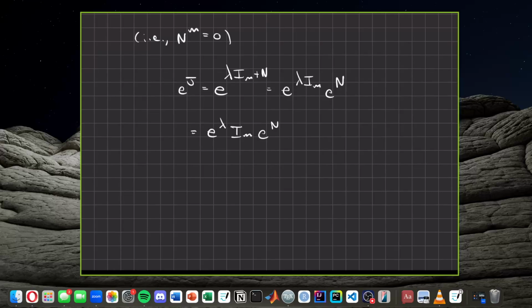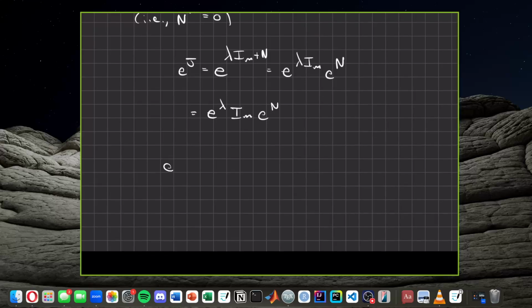Now, we want to notice that e to the n is given by a finite sum in this case. As we showed the infinite sum earlier with the Taylor series expansion, we want to remember that n is nilpotent, so we'll express e to the n finitely as the following.